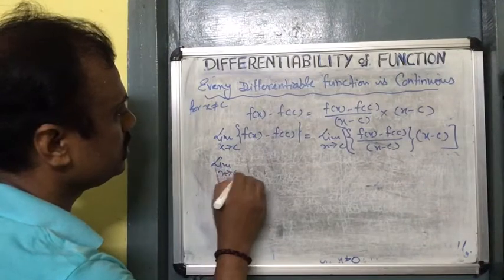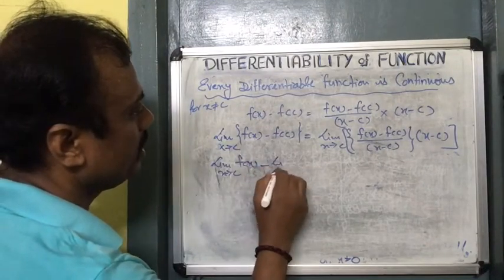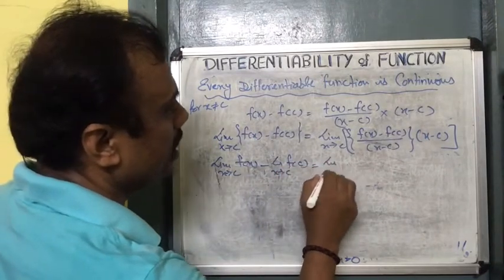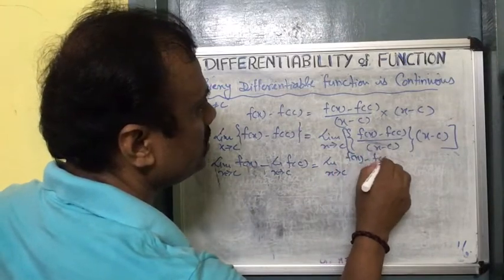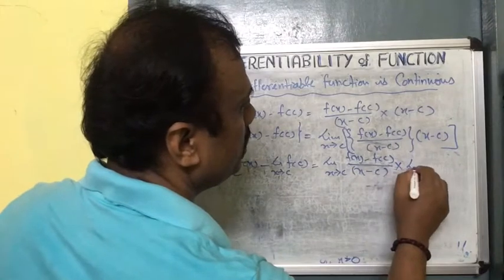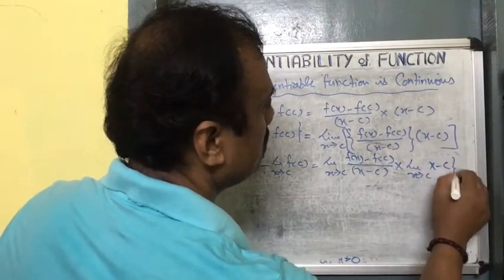Limit x tends to c f of x minus limit x tends to c f of c equals limit x tends to c f of x minus f of c divided by x minus c into limit x tends to c x minus c.